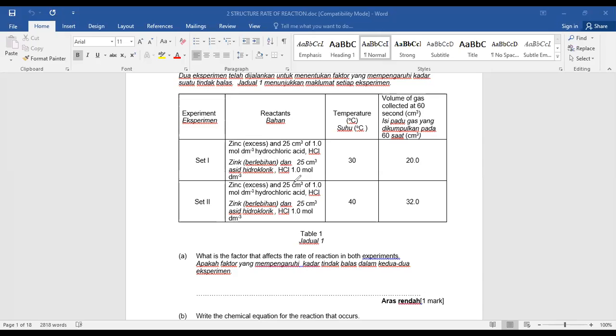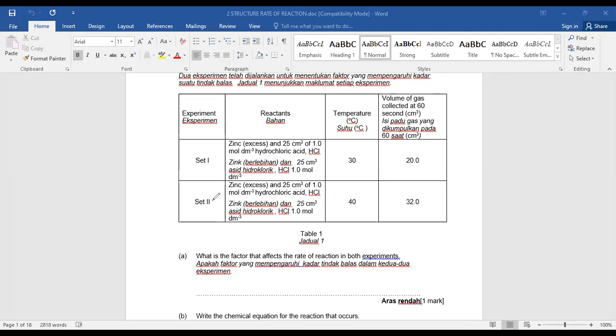What is the MV here for these two sets of experiment? Can someone tell me? Shall we hear from Joseph? What's the MV here? Sorry? MV for what here? MV for these two sets of experiment. 0.025.